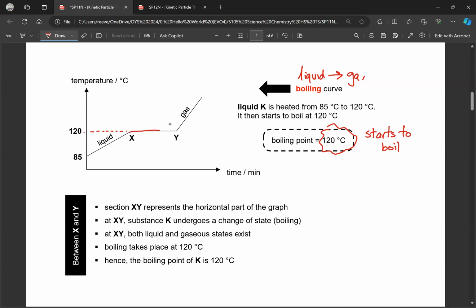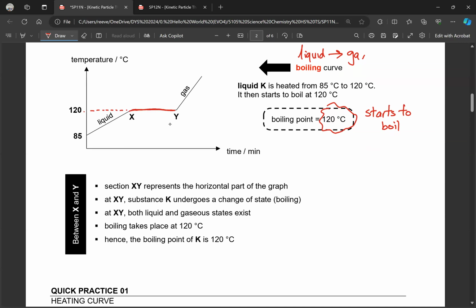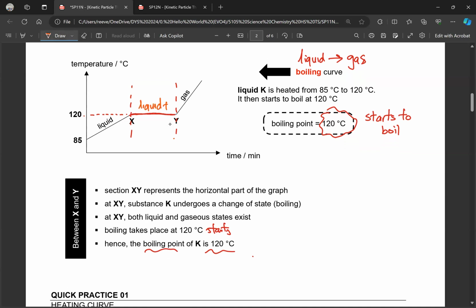So for liquid K, the boiling point is 120 degrees Celsius. It is indicated by a horizontal segment of the graph. Boiling starts at 120 degrees Celsius. During boiling, there's a change of state. So over here, 3 sections. From here to here is liquid plus gas.